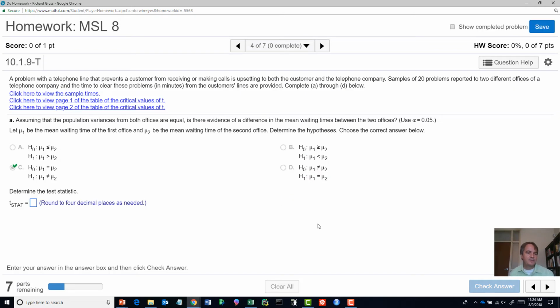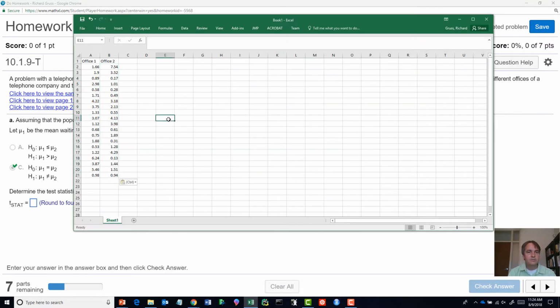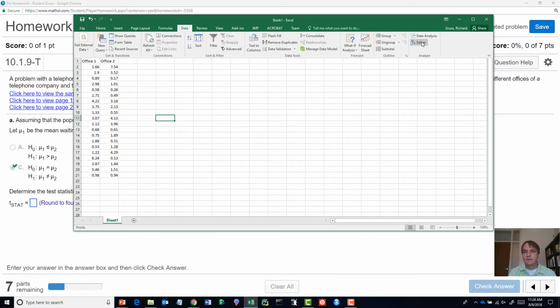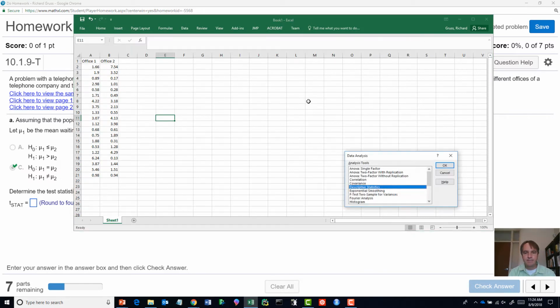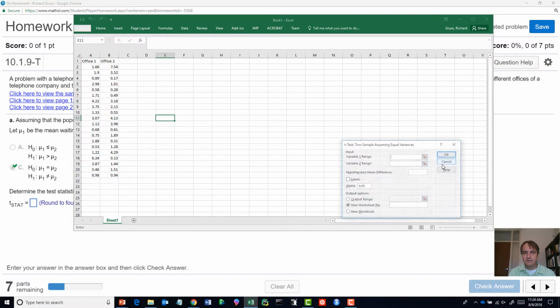Okay, so now determine the test statistic. Okay, so this just means to do the t-test and come up with the test statistic. We're going to use Excel. I'm sure most of you did it this way. We're just going to use the data analysis tool pack and do the t-test 2 samples assuming equal variances.